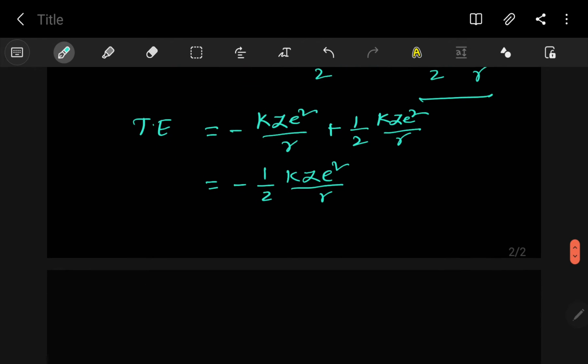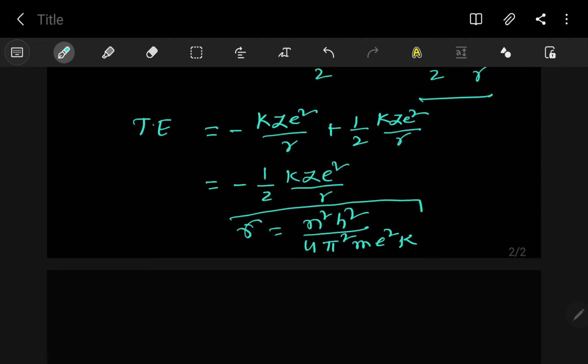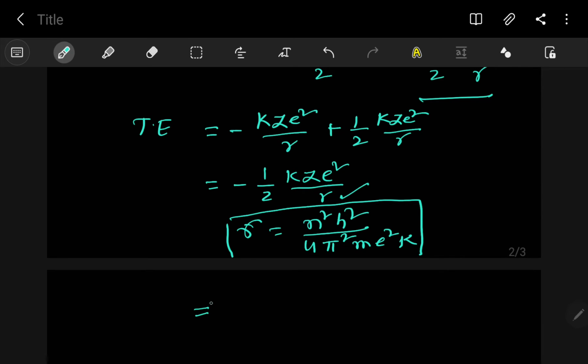Now we know the formula of the radius. What is the formula for the radius? r is equal to n square h square by 4 pi square m e square k. That is our formula. So we are substituting the r formula here. Then we will get minus half, because the energy term is minus, half into kz square.